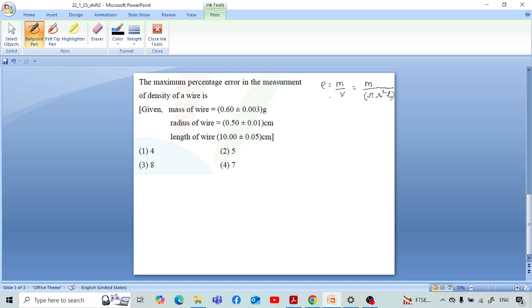So for the error calculation in the density, as a first step, we can calculate the relative error.